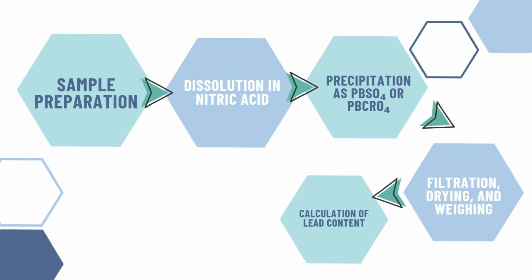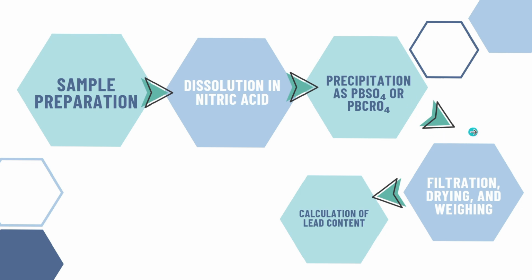The general steps are the preparation of the ore sample, dissolving it in nitric acid, precipitating the lead, filtering and drying the precipitate, and then weighing it to calculate the percentage of lead present.